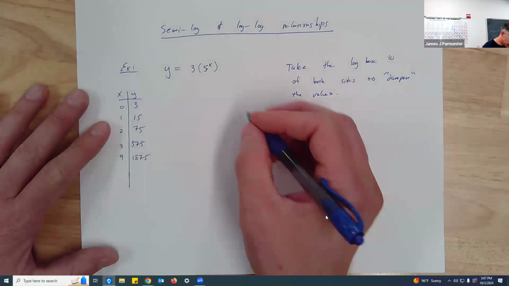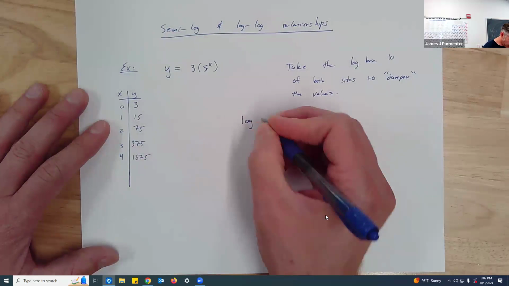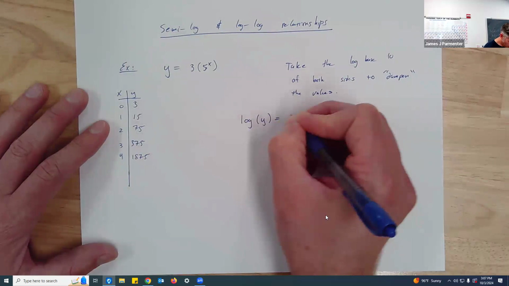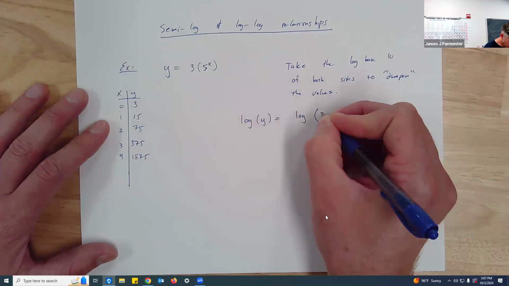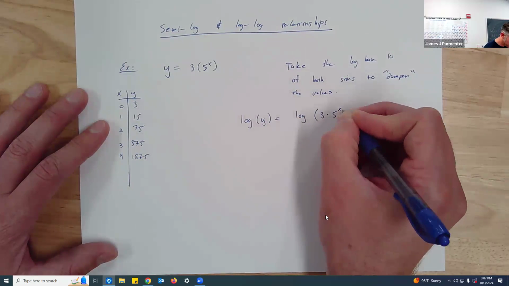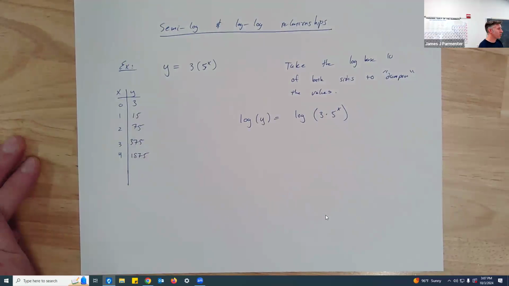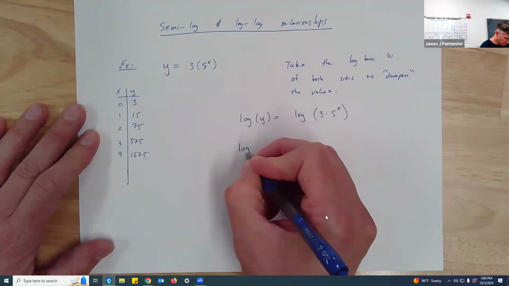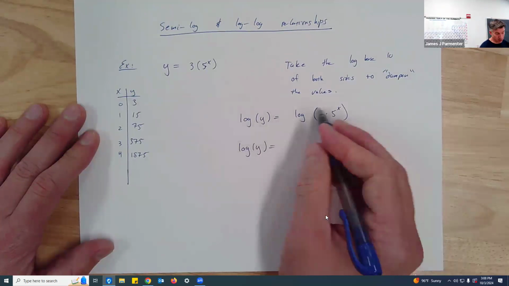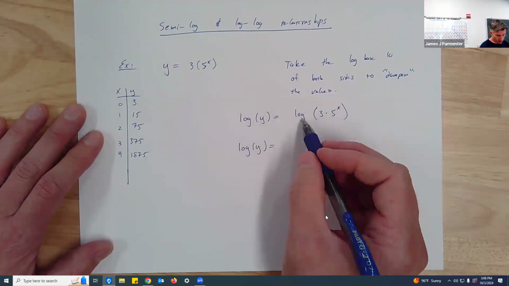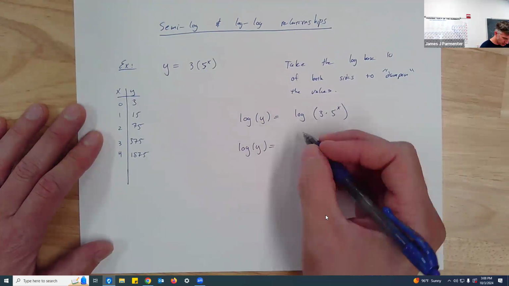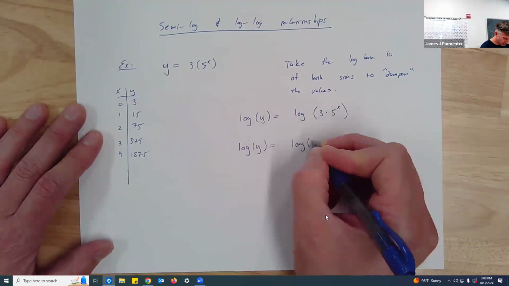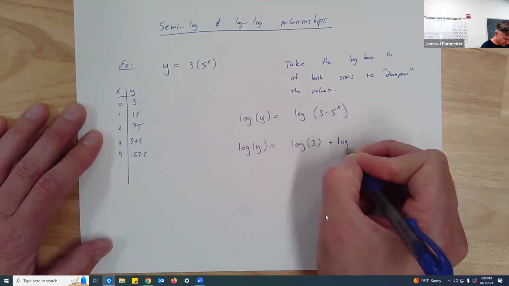So let's do that. We take the log base 10 of y equal to the log base 10 of 3 times 5 to the x. We're going to do some simplifying here. So we're going to rewrite this as log of y equal to, using some log rules, log of this times that is log of 3 plus log of 5 to the x.